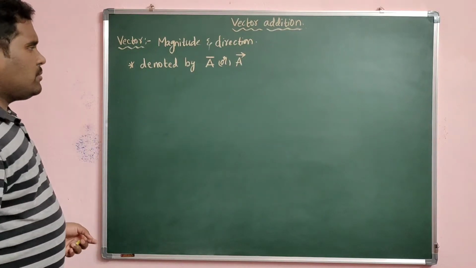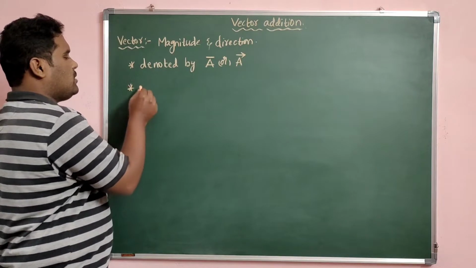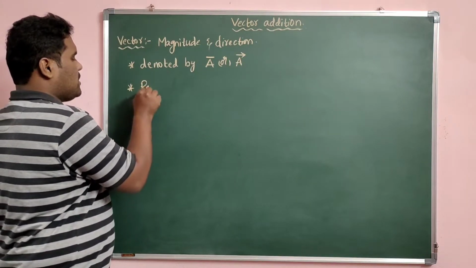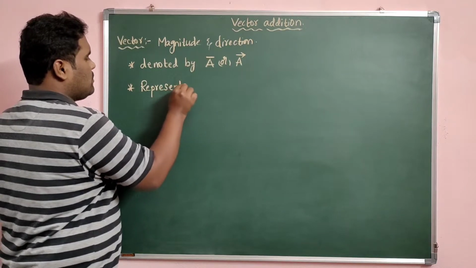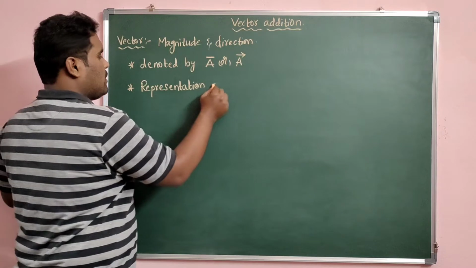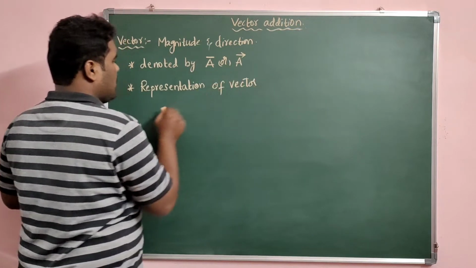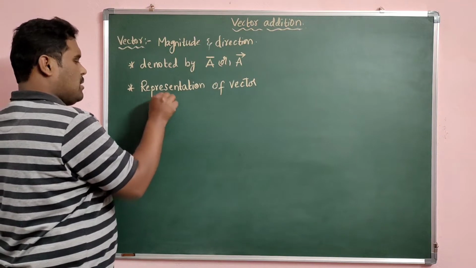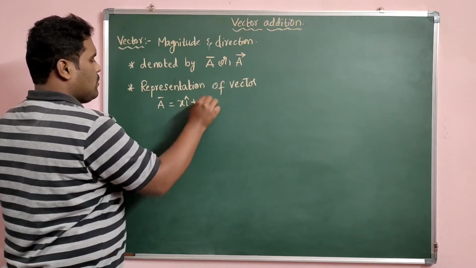Already we know this one, and the representation of a vector also we have learned. So what is the representation of a vector? In two dimensions, a vector is given by A bar, for example, x i cap plus y j cap.